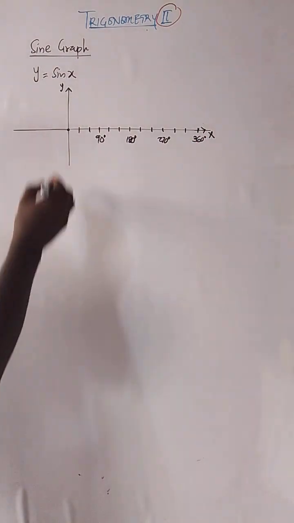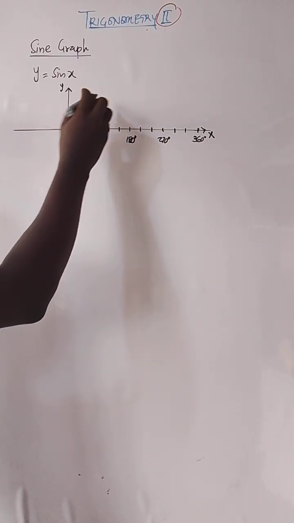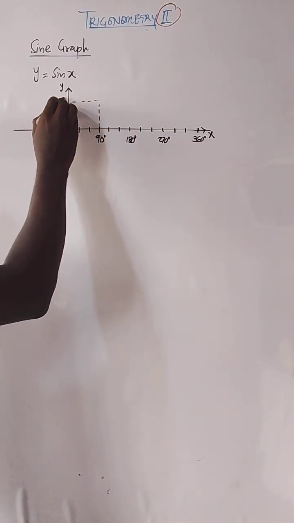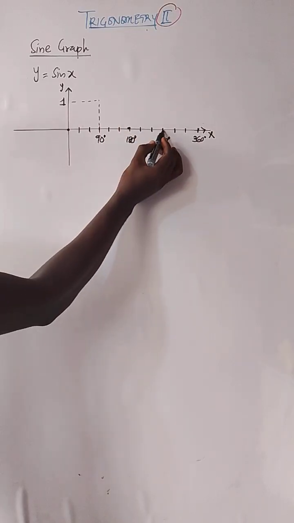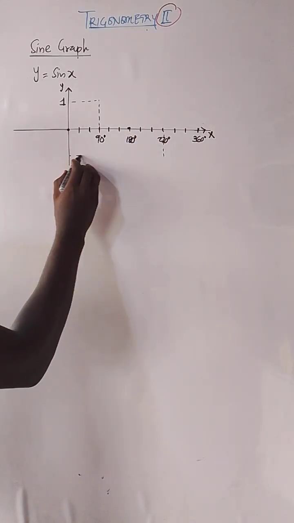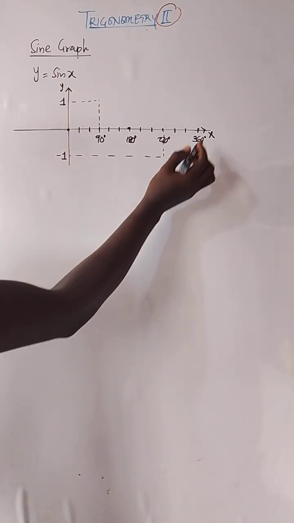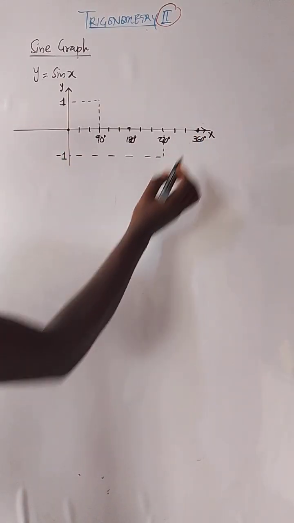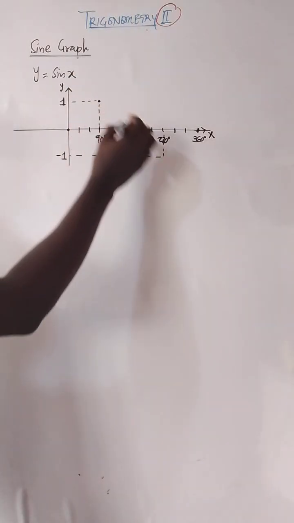Sine 0 is 0. Sine 90 is 1. Sine 180 is 0. Sine 270 is minus 1. Then sine 360 is 0. So if you join these, here we have the maximum point and here the minimum point.